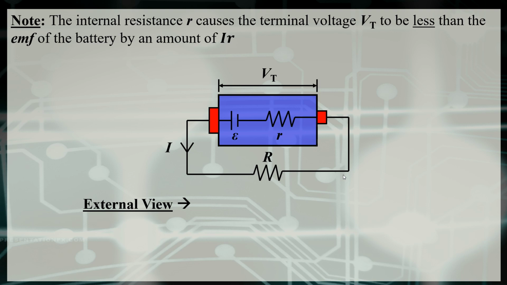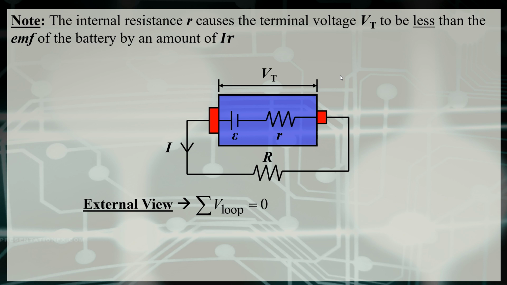So let's say that you look at Kirchhoff's voltage rule as an external view of the battery. When I say external view, it just means that I can't see inside of the blue here. All I see is that I have a resistor on the outside, there's current I through the circuit, and there's the battery voltage, which is the terminal voltage.